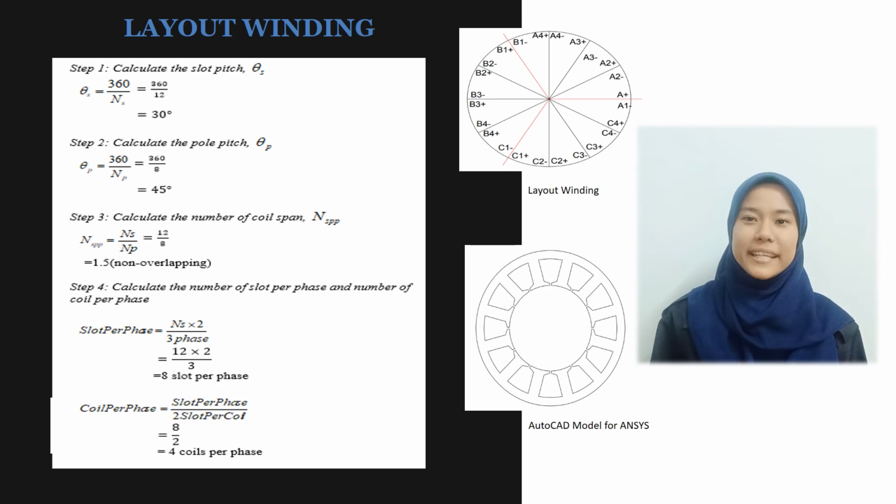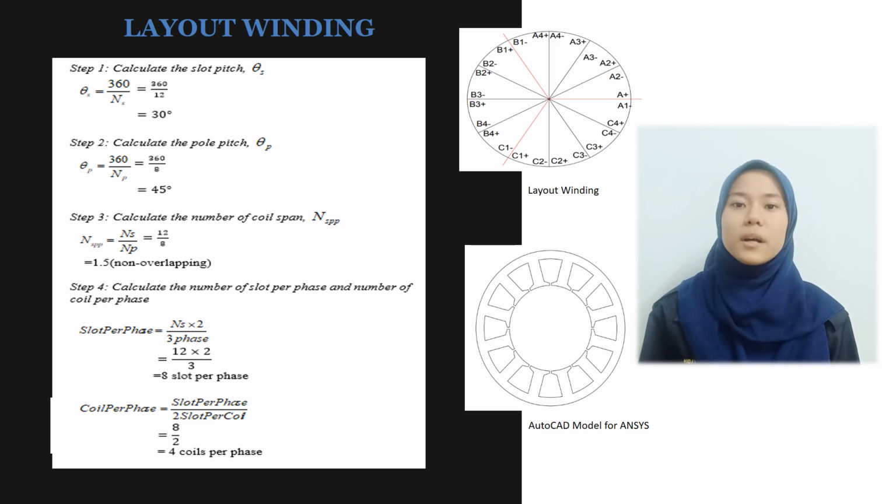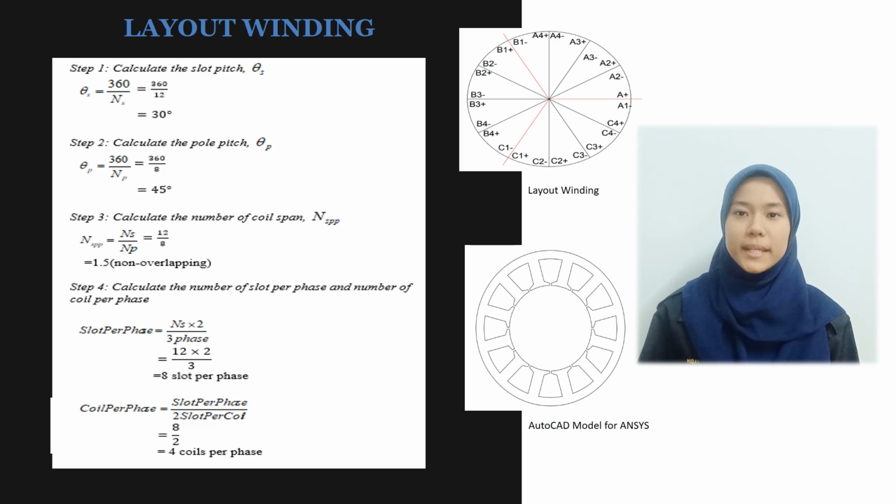For the layout winding, we need to execute another calculation to obtain the motor slot pitch, pole pitch, number of coil span, number of slots per phase, and number of coils per phase. The formula used to calculate the slot pitch is 360 degrees divided by the number of slots, so we get a value of 30 degrees in mechanical unit.